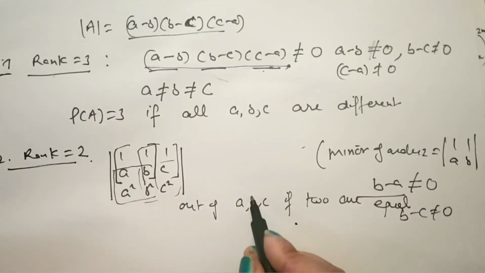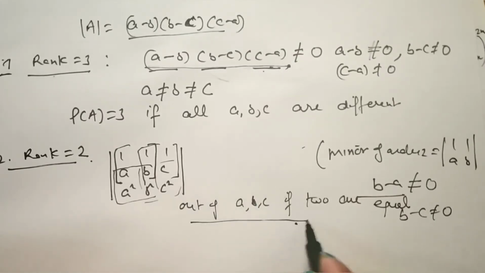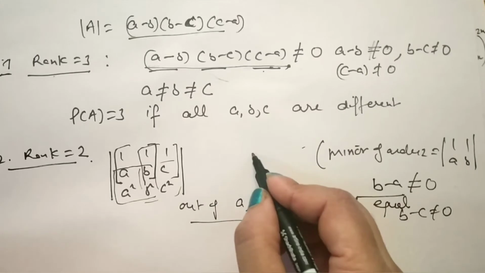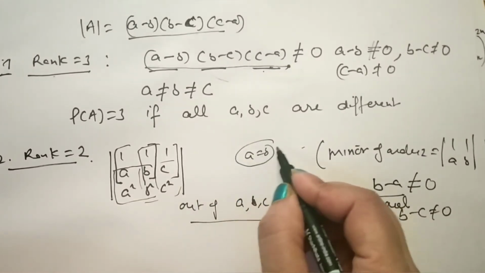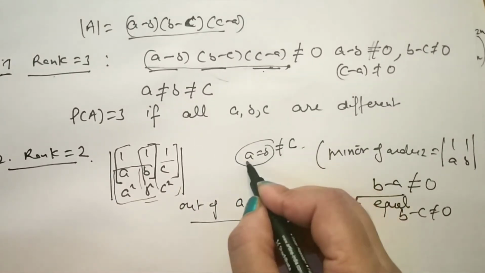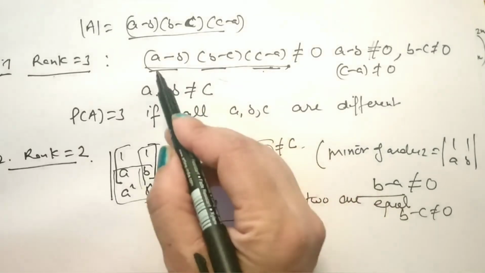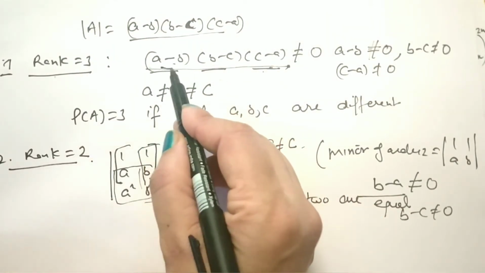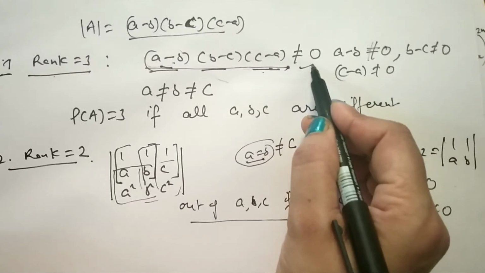Because if 2 are equal, like if A is equal to B and B is not equal to C, then what will be the answer? If A is equal to B, then this will be 0. If this term is 0, then the determinant of order 3 is 0.